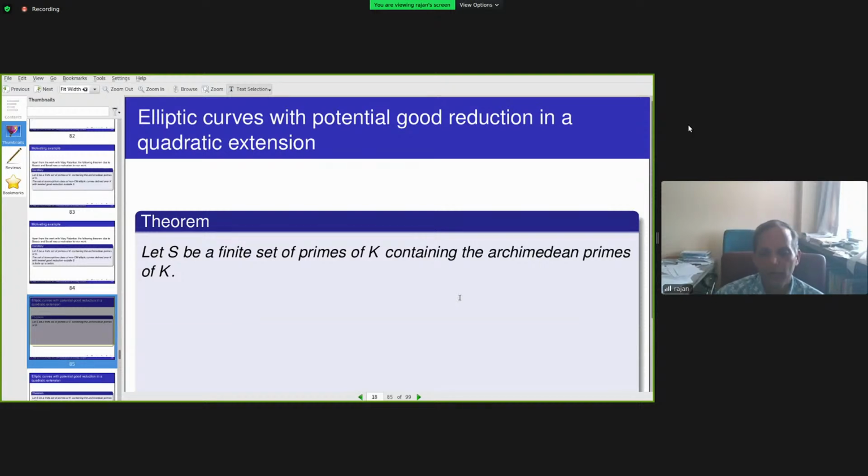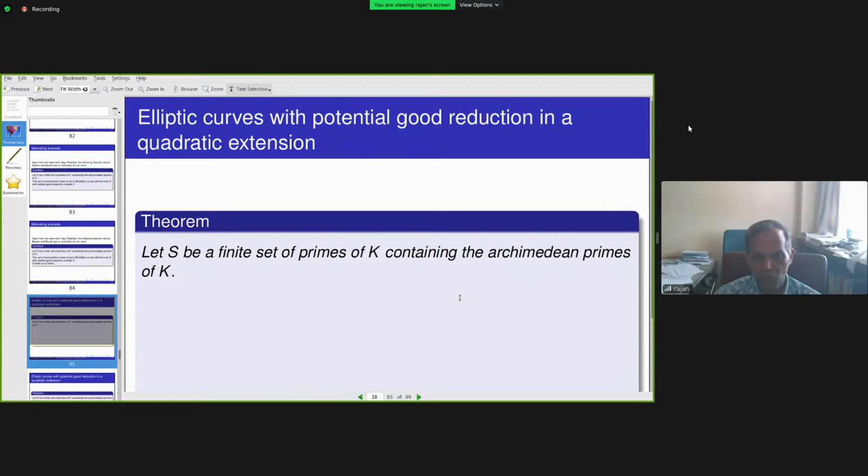Now I'm going to give a slightly different kind of result. These are elliptic curves with potentially good reduction in a quadratic extension, and we want to apply what we have done in this setting.